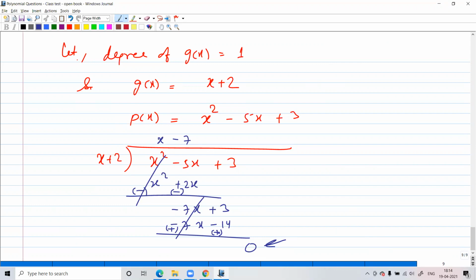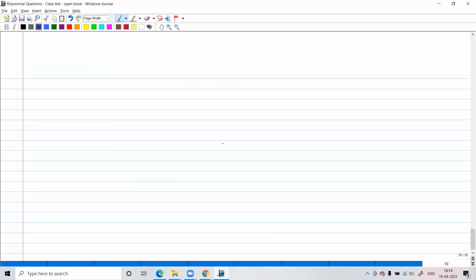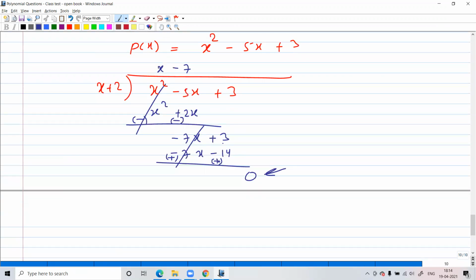We studied this in 9th standard. What is the degree of a 0 polynomial? It is undefined. I had explained why it is undefined also. So try to avoid an example where the remainder turns out to be 0.